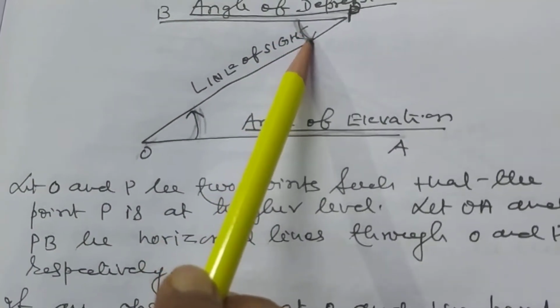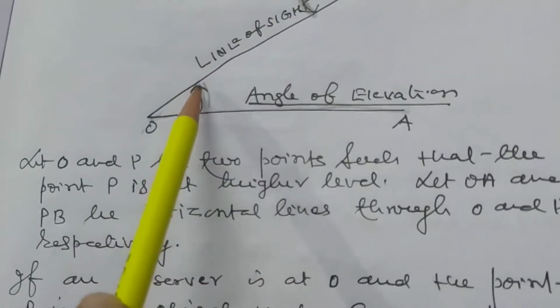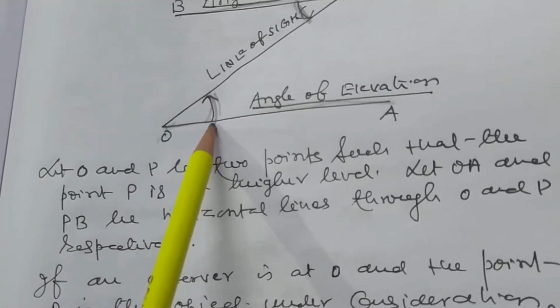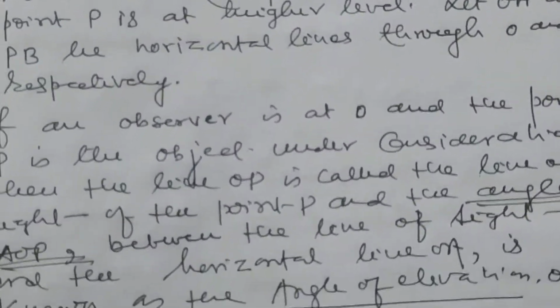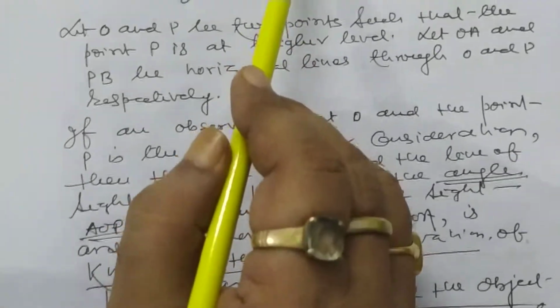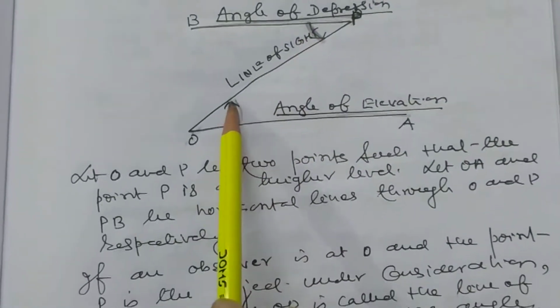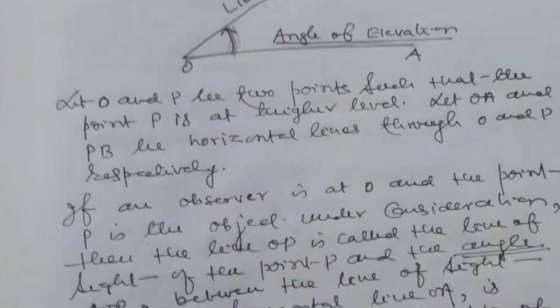So this angle of depression is equal to this angle. Now, angle of depression is not angle of elevation. Here this angle is depression, so this angle is also depression.